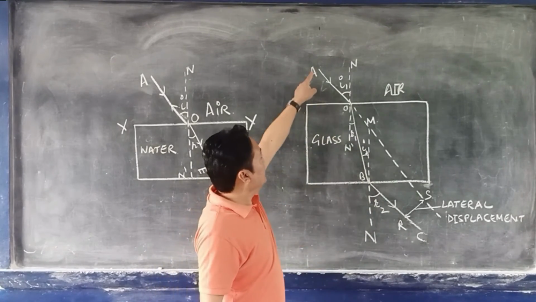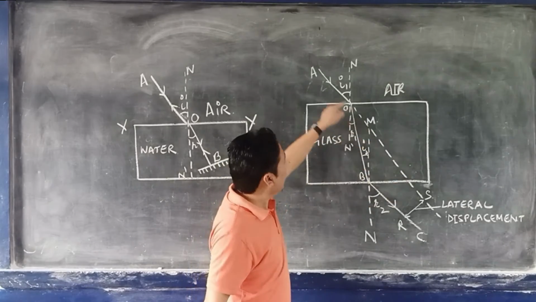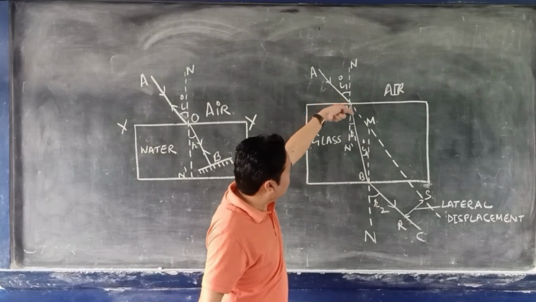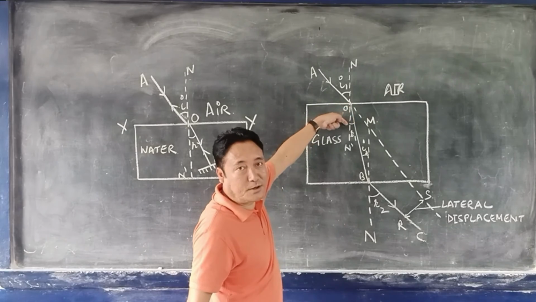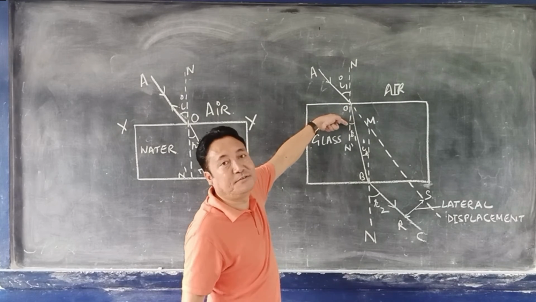Next point, now when you draw the original path of the incident ray, actually the incident ray has to pass in this direction. But here when it enters inside the glass slab, it bends closer to the normal due to the difference in the speed of light in the two different mediums.